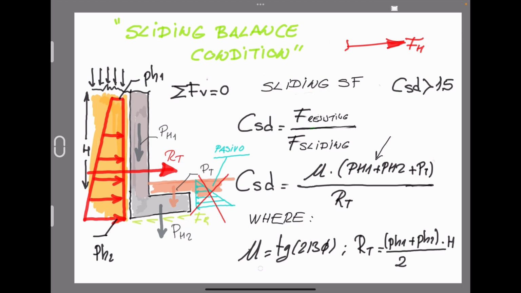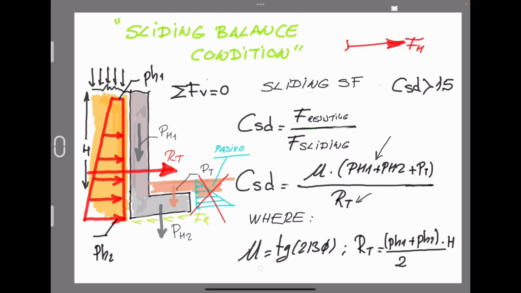It is the self-weight of the retaining wall itself, or even the overboarding earth or soil located over the foundation of the retaining wall. For the sliding force, it is as simple as the resultant of forces due to horizontal lateral pressures that we have previously discussed a minute ago.